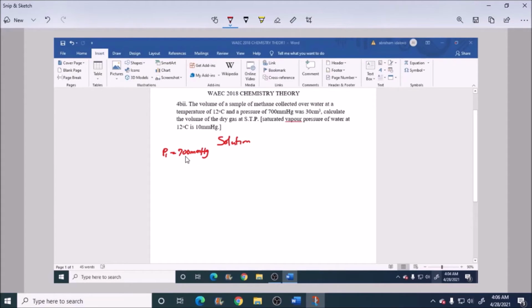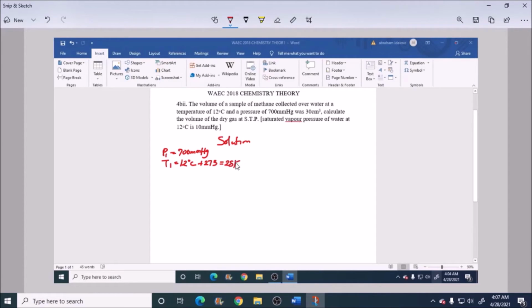Then 700 millimeter mercury is P1. From this first statement again, we have the methane collected over water vapor at 12 degrees C. So that 12 degrees C is going to be T1. Then we have to convert this degree Celsius to Kelvin. We have 12 degrees C plus 273 Kelvin, which equals 285 Kelvin.